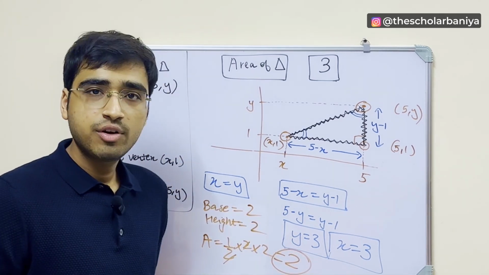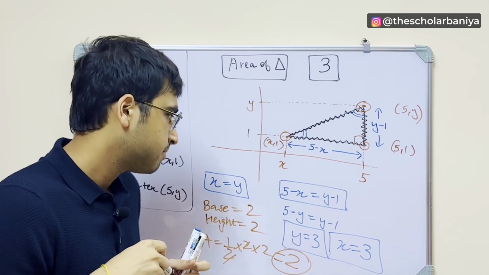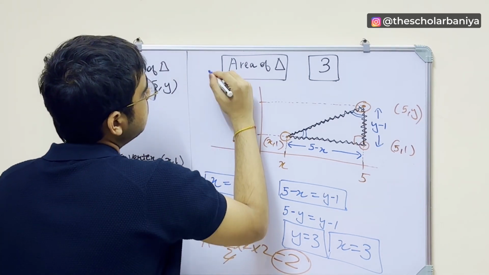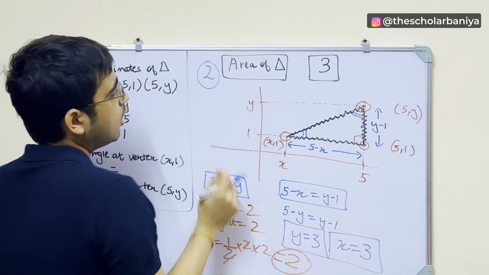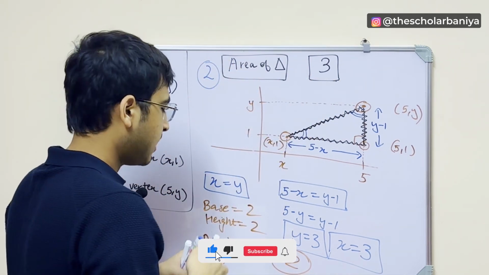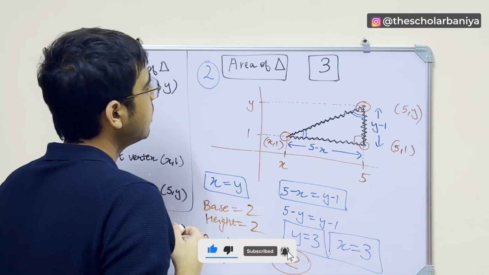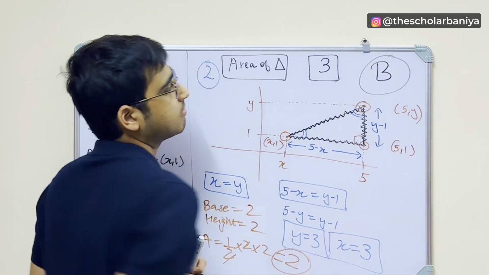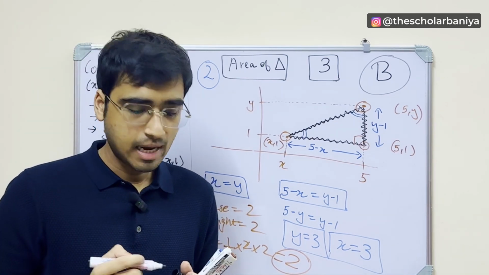So the area of the triangle is 2, no matter what, right? So that is why this part becomes 2. Now obviously 3 is greater than 2, right? That means the right hand side is greater than the left hand side. So your final answer becomes B. I hope this should be absolutely clear.